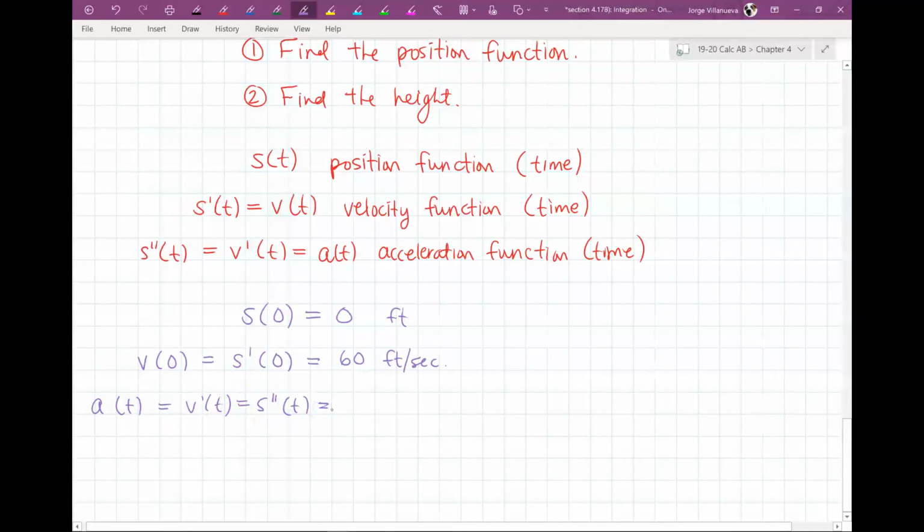I'm just trying to show you the relationship between them, okay? And that would be, what did they say? Acceleration due to gravity, it should be negative 32 feet per second squared, right? So we'll stop there. Tomorrow we're going to actually start building the position function, and then we'll get this problem done, and we'll be done with the lesson.